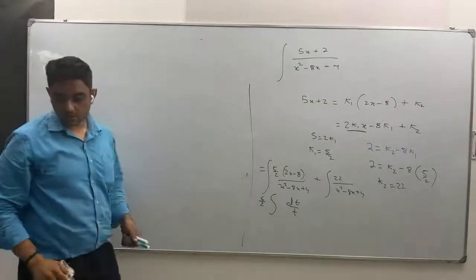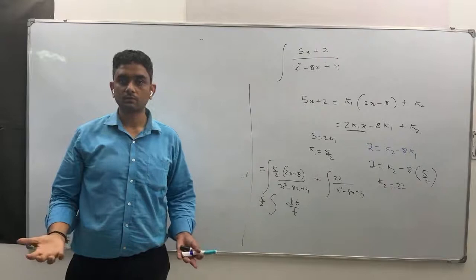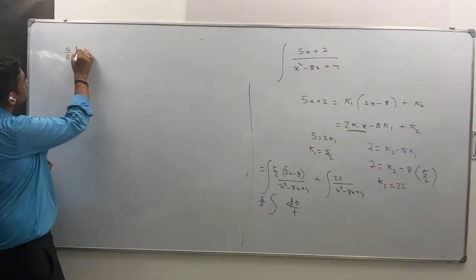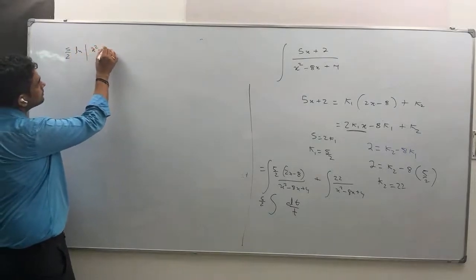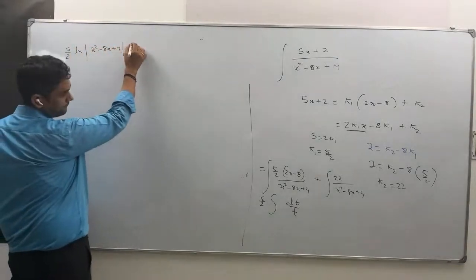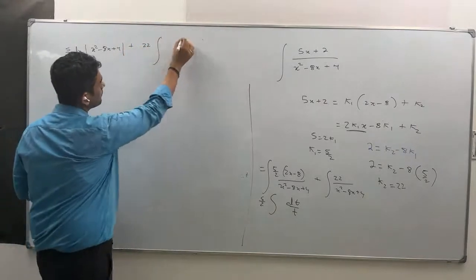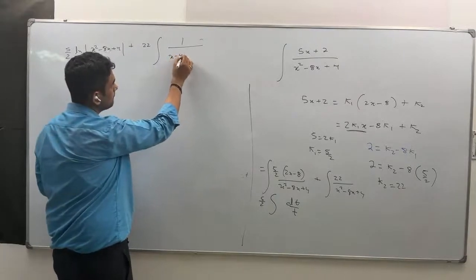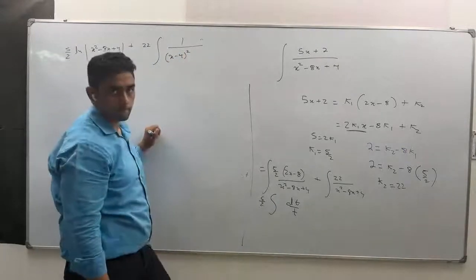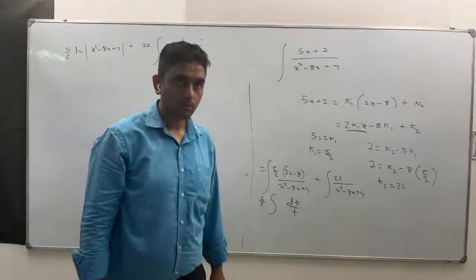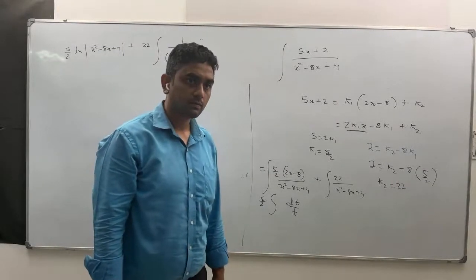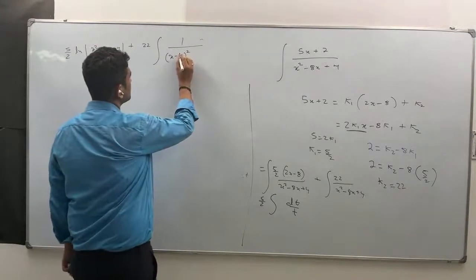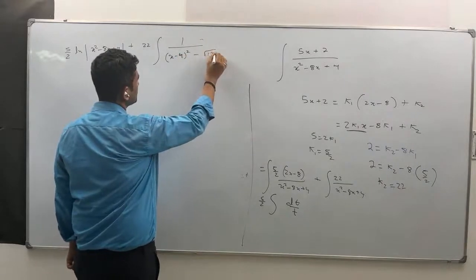The second part is the same process as the first one. Perfect squares. Right, perfect squares. So what will happen? What will be the perfect square of this? And the constant? Minus 12, and minus 12 I can write as root 12 whole square.